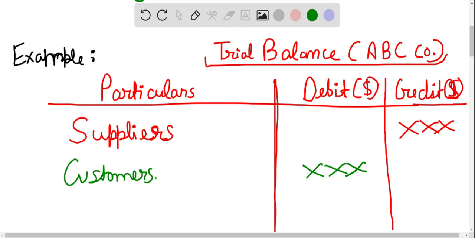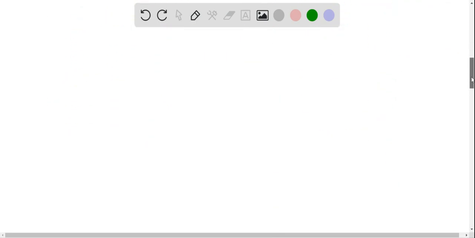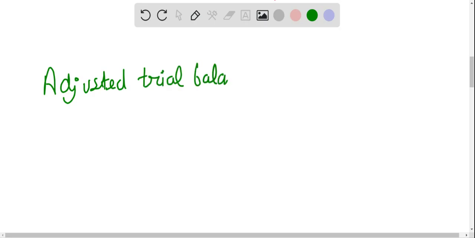Now what happens? Let's say suppose an accountant who has recorded the transactions has missed 50 transactions to be recorded. Now what happens? These 50 transactions will be recorded in adjusted trial balance. So adjusted trial balance, I'm going to write it so that it will be more clear to you when you will be revising all of this stuff.